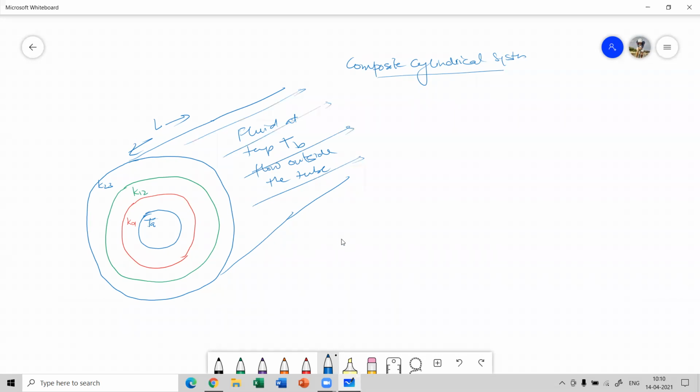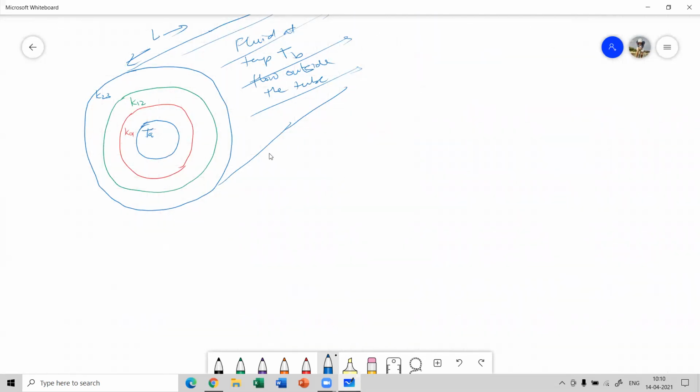So if you look at the radii, let's say from the center, the inner tube has the radius R0. The red one has the radius R1.